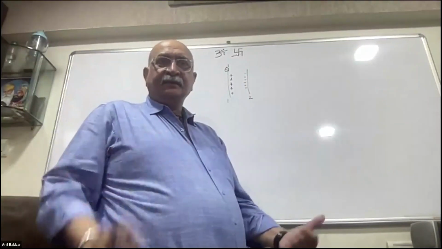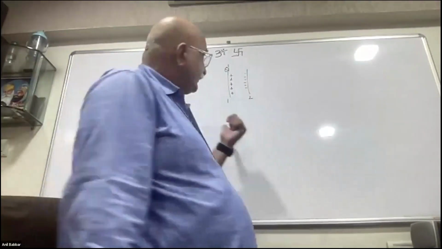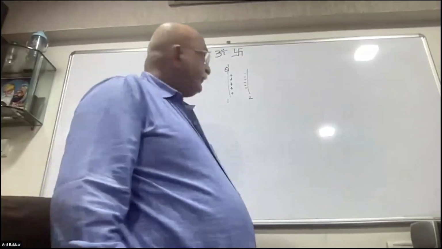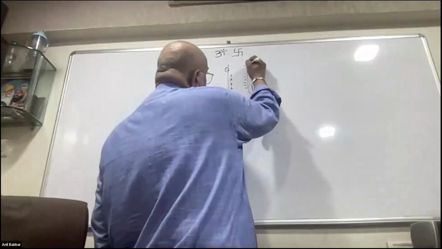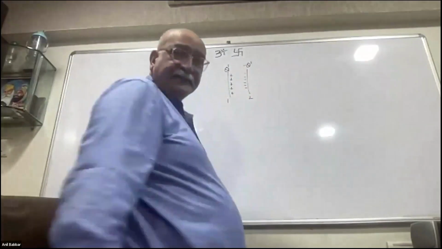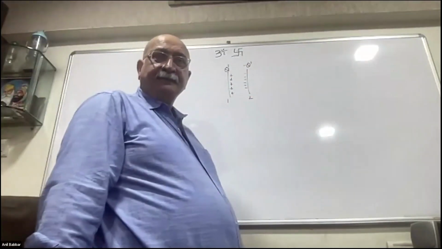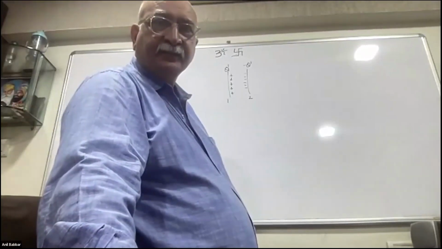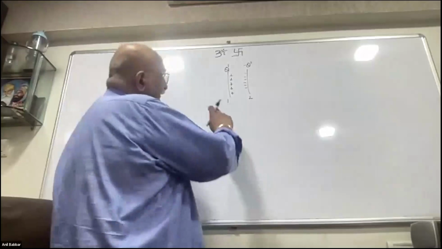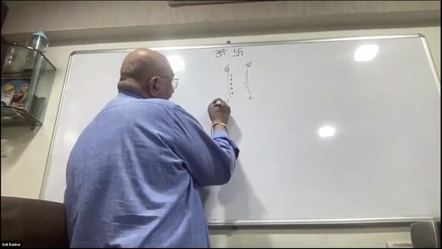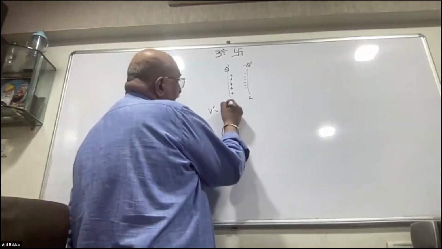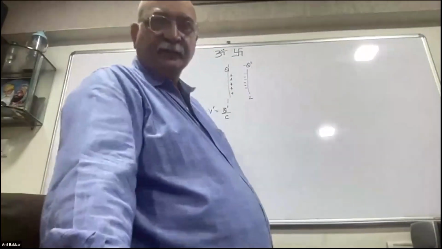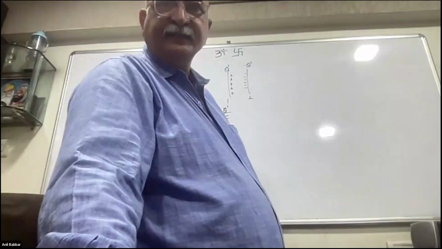Plate 1 has Q dash, and plate 2 has a negative charge over here, like this. The potential difference between the two plates will be V dash. This is equal to Q dash by C.